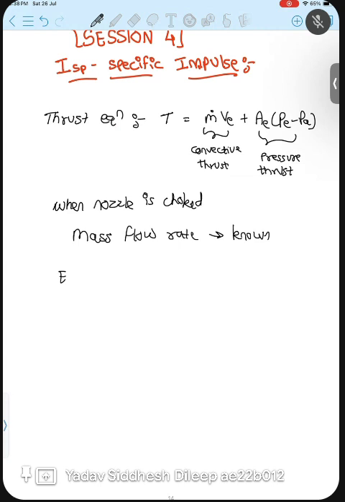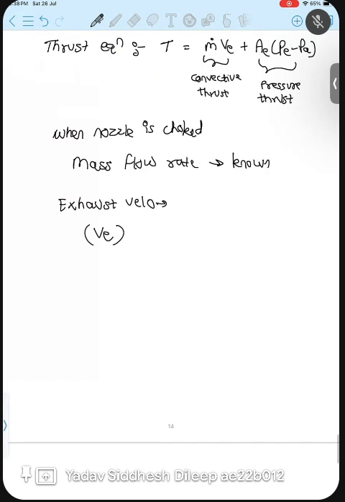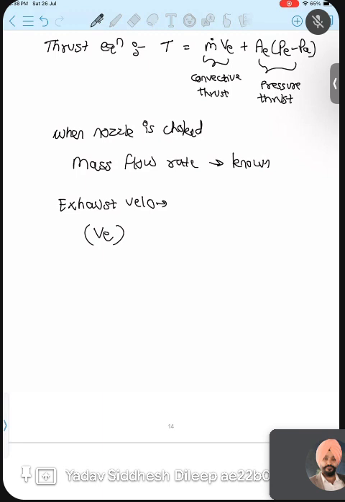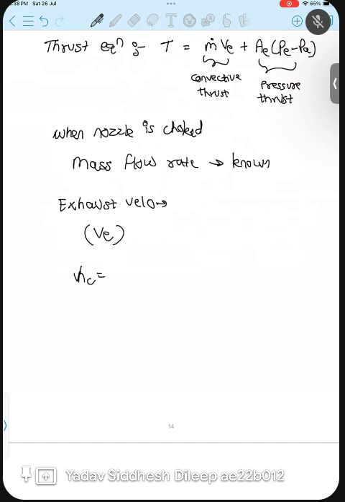So today we'll start with the exhaust velocity, again starting with the energy equation, Hc equals He plus Ve square by 2.